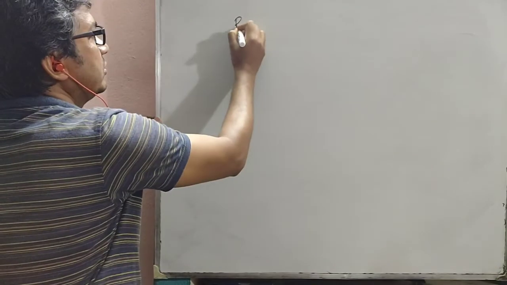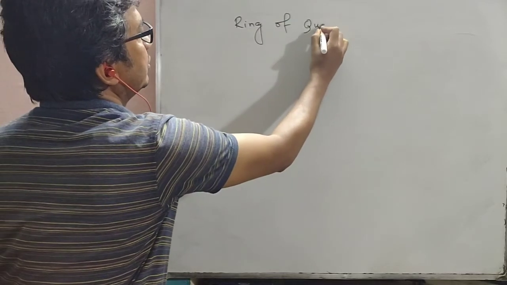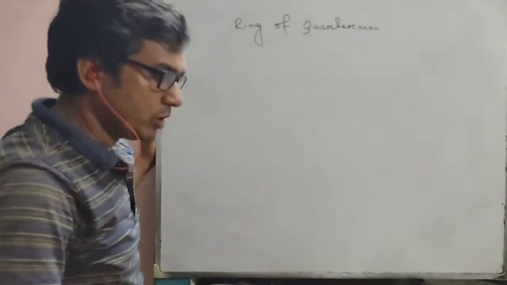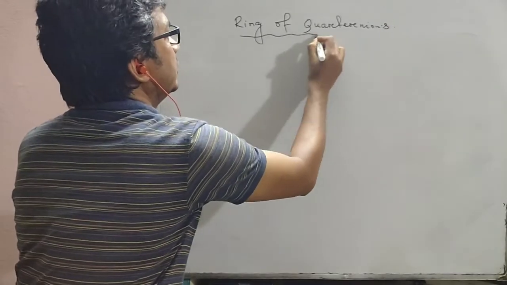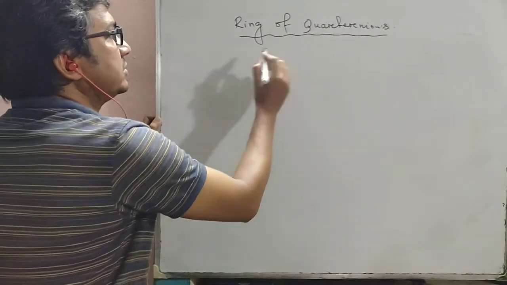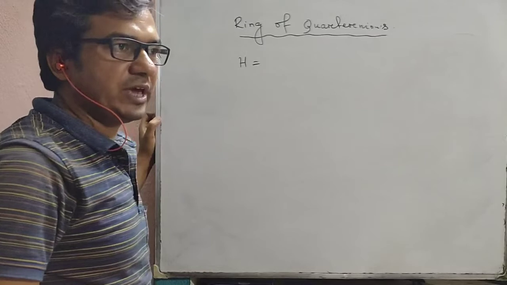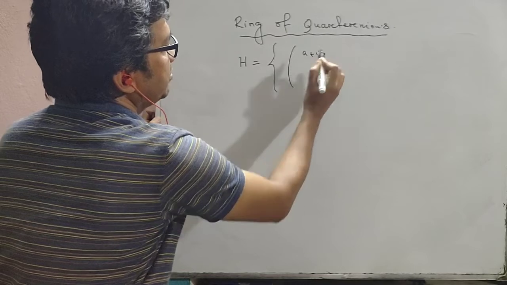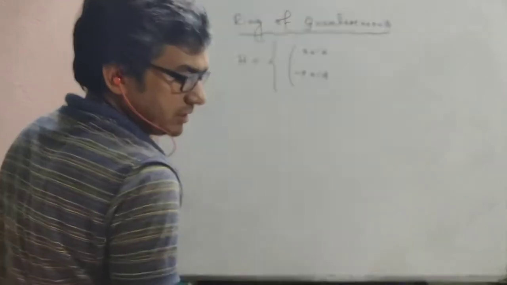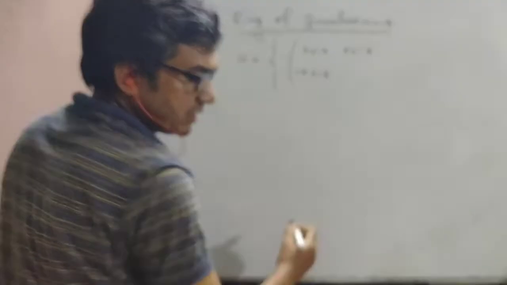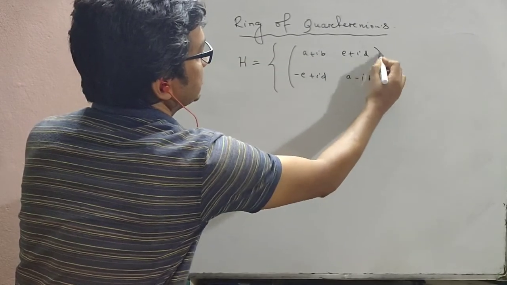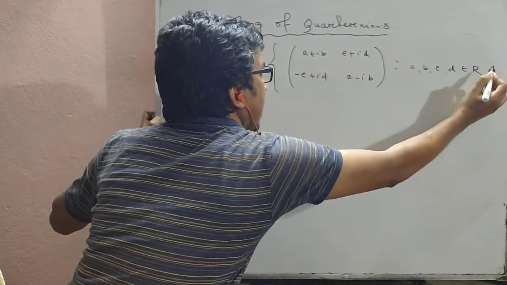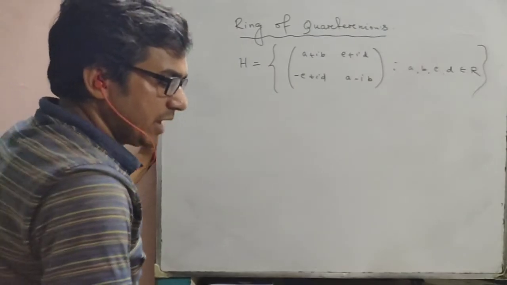The ring of quaternions, usually denoted by H. This ring contains matrices of the form [A plus iB, C plus iD; minus C plus iD, A minus iB], and here A, B, C, D belong to R, the set of real numbers.